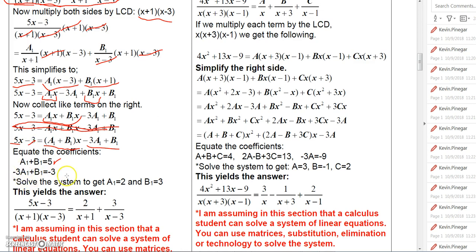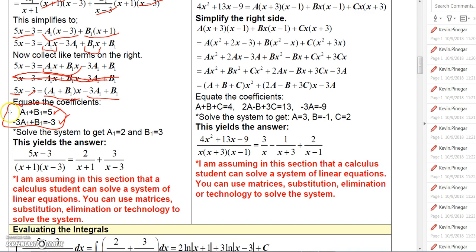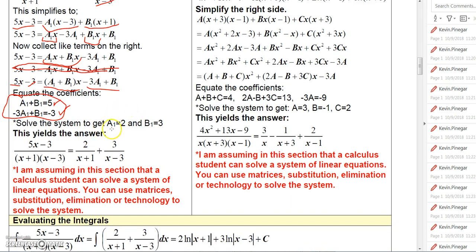So -3a1 + b1 must equal -3. Now, I'm going to let you solve the system. But basically you solve this system of equations, and when you solve it, you get a1 is 2 and b1 is 3.